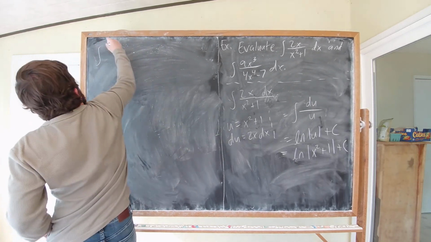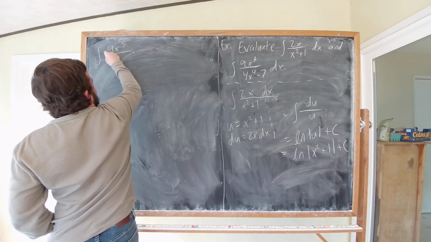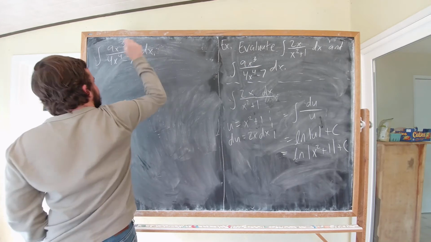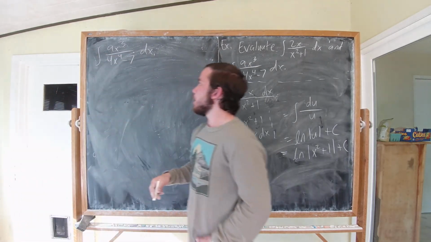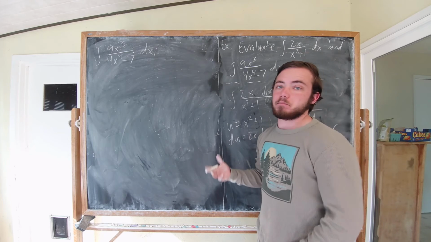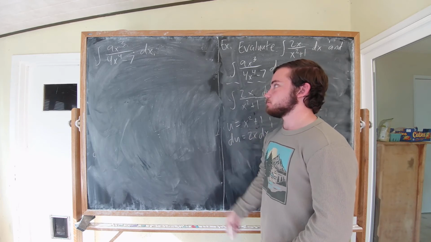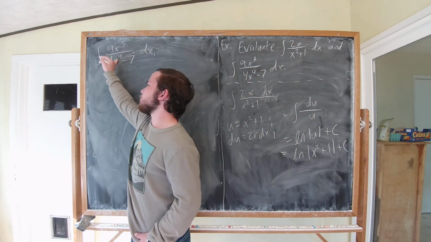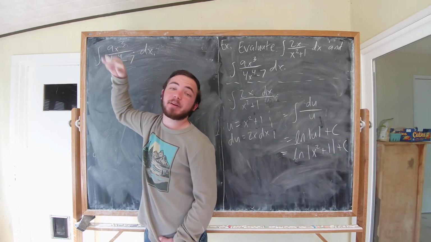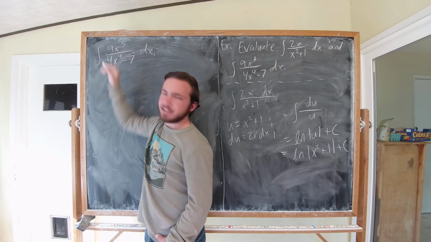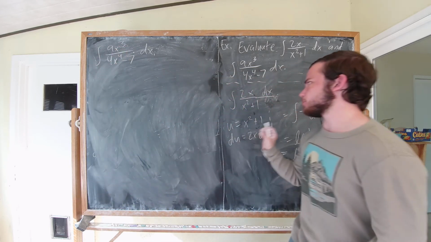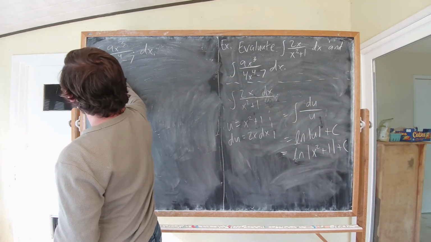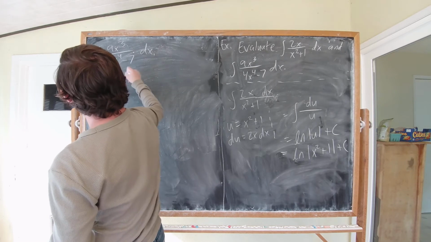The integral of 9x cubed divided by 4x to the 4th minus 7. Okay, well, it has a fraction. It looks like x to the 4th, and the derivative of x to the 4th is something with x to the 3rd. So it looks like this is the good pattern where we'll have a du over u. Let's work with it. Let's let u equal 4x to the 4th minus 7.